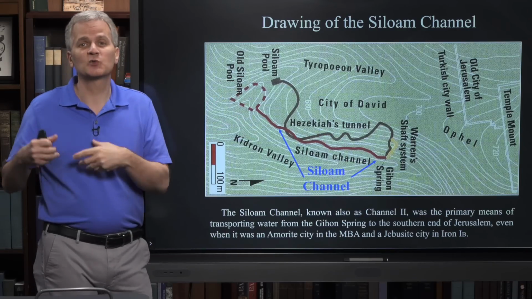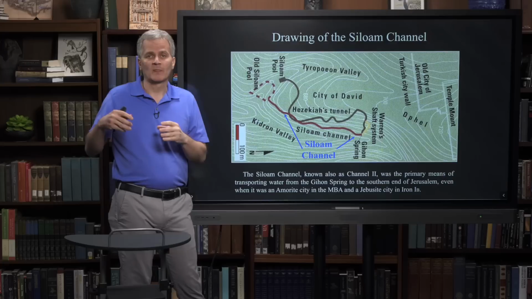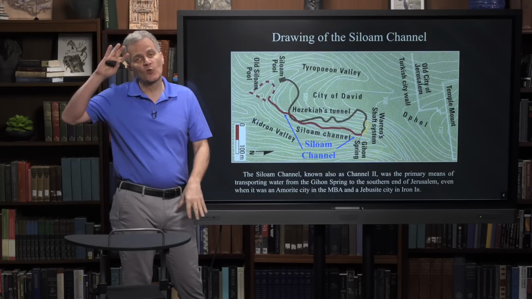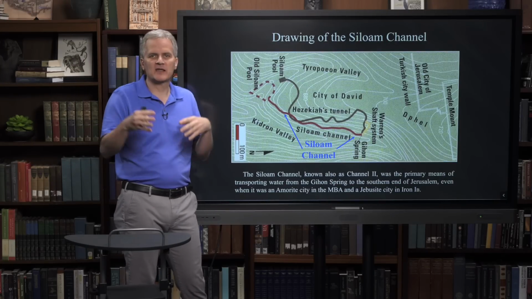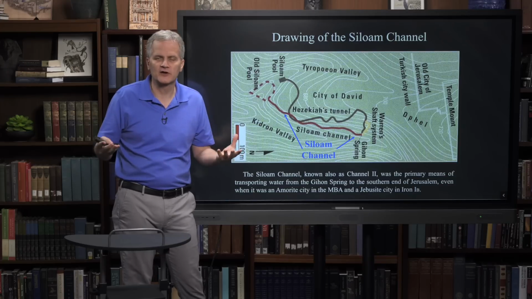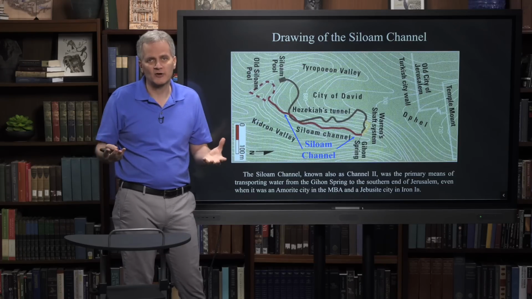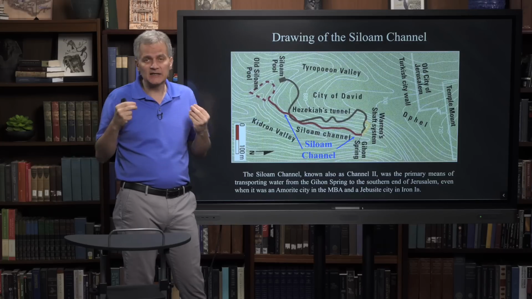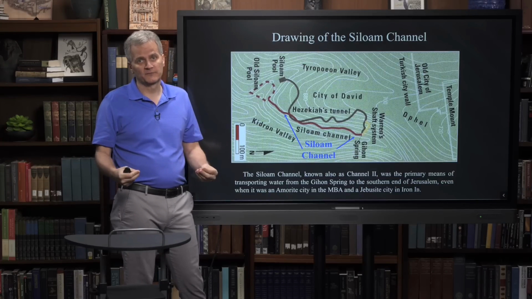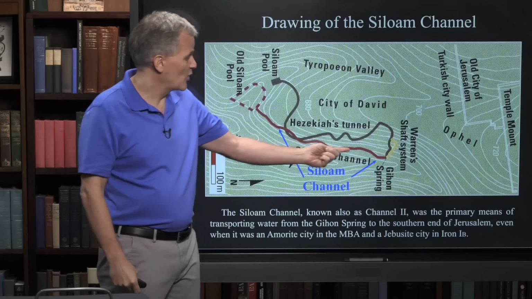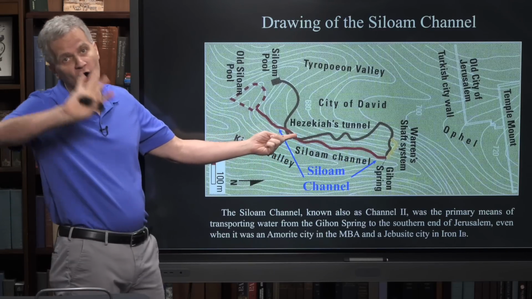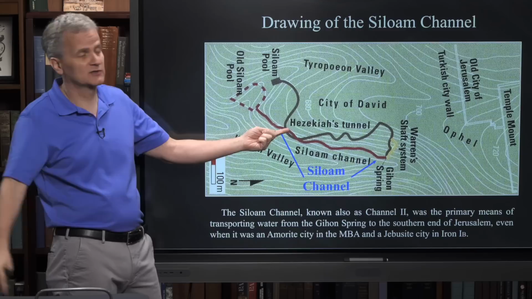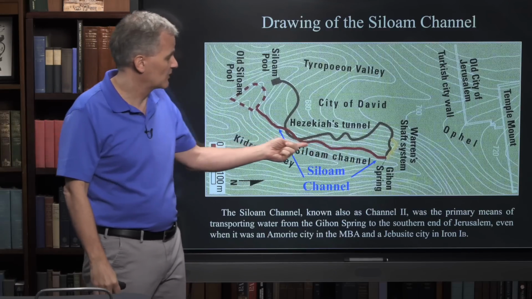And essentially this was water that would be used by any of the residents of Jerusalem who were out from the city and in the valley area, maybe growing crops or tending to their flocks of animals or whatever. In their daily work, they would need water. So the Siloam Channel, which was around all the way in the Middle Bronze Age, that's how far back it goes, at least, was in use that long.